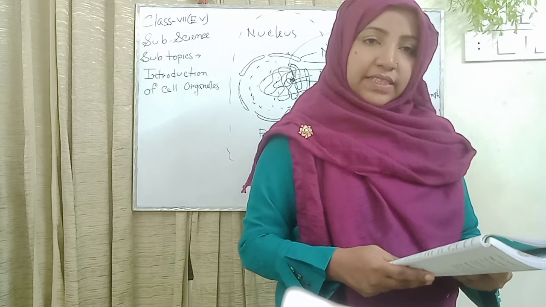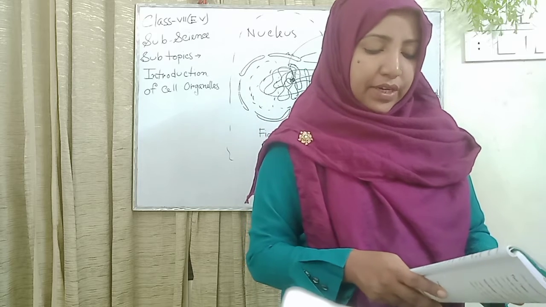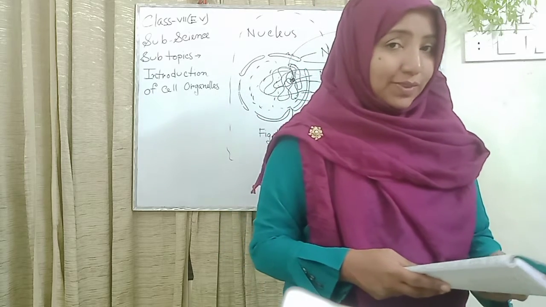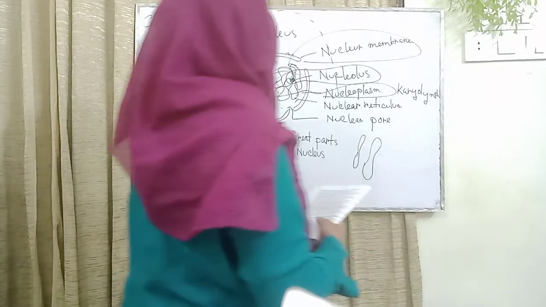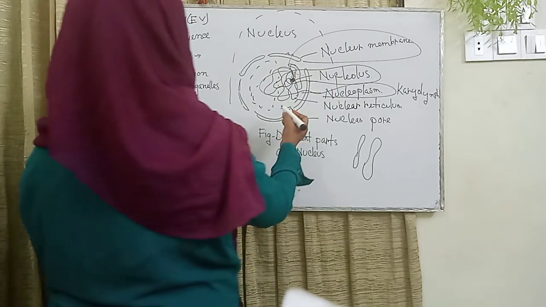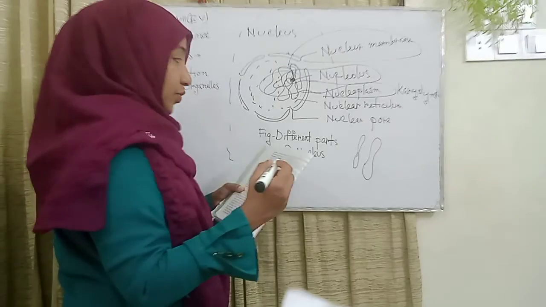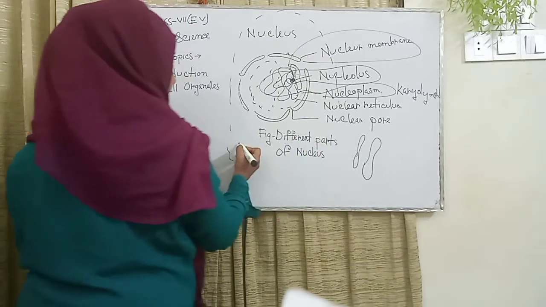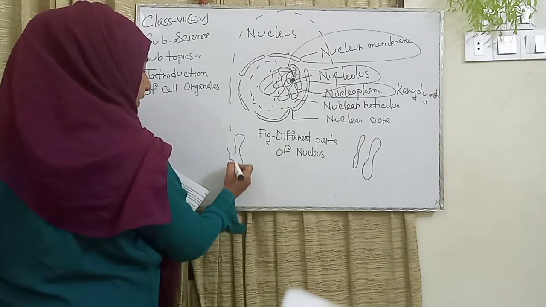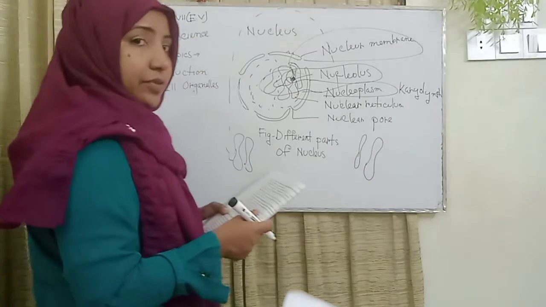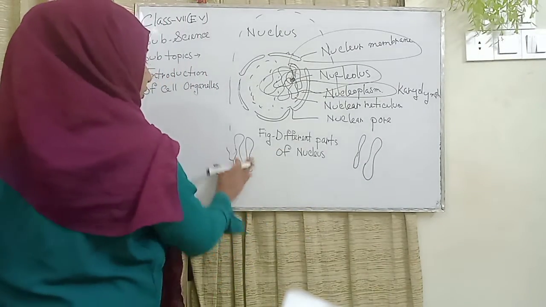At the time of cell division, the nuclear reticulum breaks into pieces. Each piece is called a chromosome. Again I repeat, during cell division the nuclear reticulum breaks into pieces. When the nuclear reticulum takes this shape, the other name is chromatin.